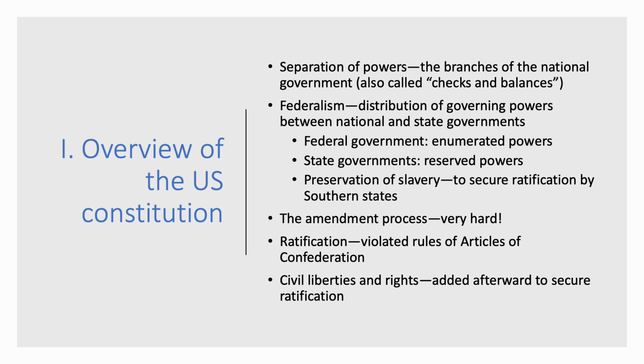This is an idea that was embodied in the Constitution. Separate power, don't unify power, but separate it. And then further divide it according to something called federalism. That is, not just splitting power between executive, legislative, and judicial, but also dividing it up between the national government and the states.